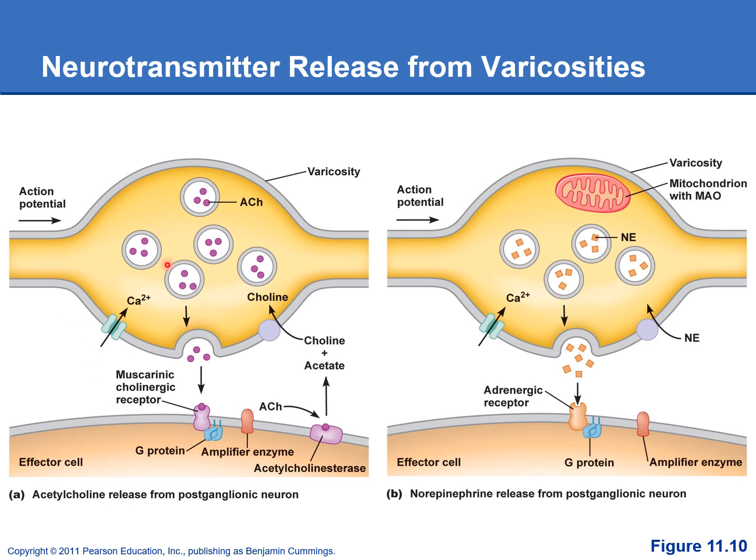So once the action potential hits this varicosity, that'll trigger the opening of the voltage-gated calcium channels. That'll let calcium into the varicosity. That'll trigger the exocytosis of the neurotransmitter. Neurotransmitter gets released and diffuses across this little synaptic cleft here, and then binds to its receptor on the effector cell and then has the effect.